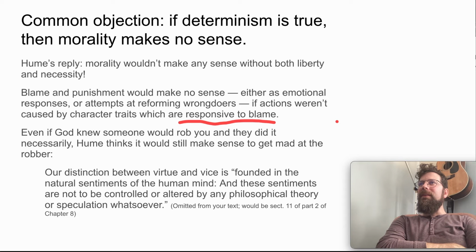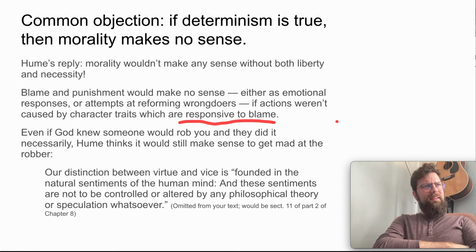And moreover, your anger at the robber is not going to be lessened or reduced by having some philosophical thought about the idea of the laws of nature and that things had to turn out in the way that they turned out. Maybe a further philosophical reflection that maybe freedom means indifference from being caused by things.